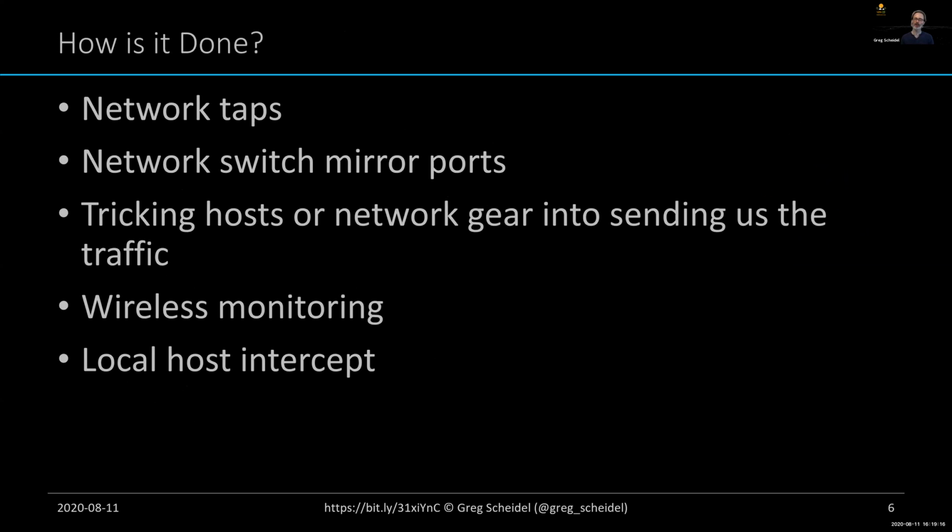Instead of having one cable going from host A to host B, now I have a cable that goes from host A to the network tap, and another cable that goes from the other side of the network tap to host B. And that means that if I have control of that tap, all the communications flows through it. I can grab a copy of it. I can pull it off to the side and then start working with it.